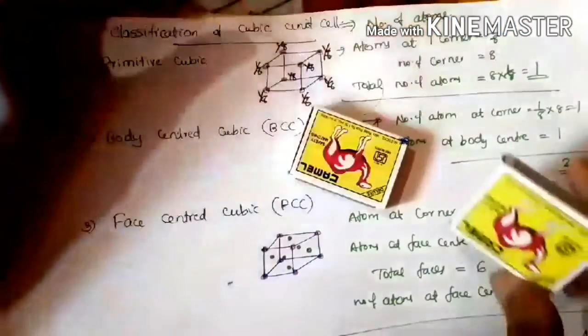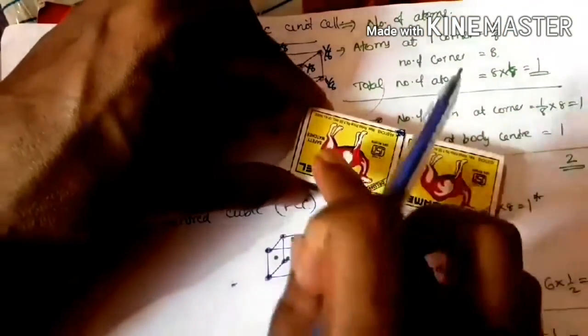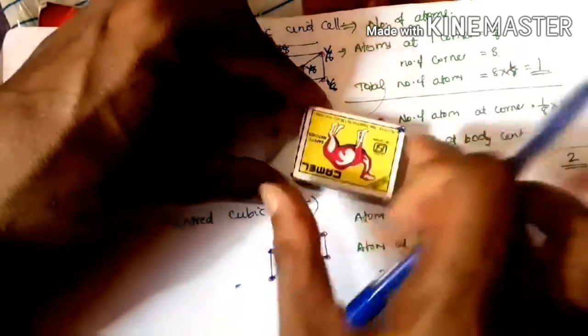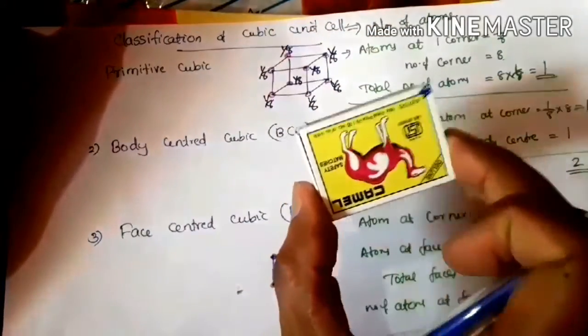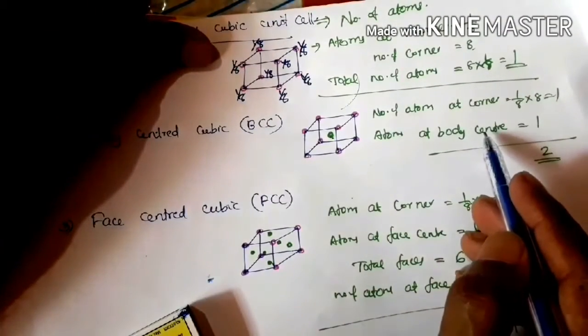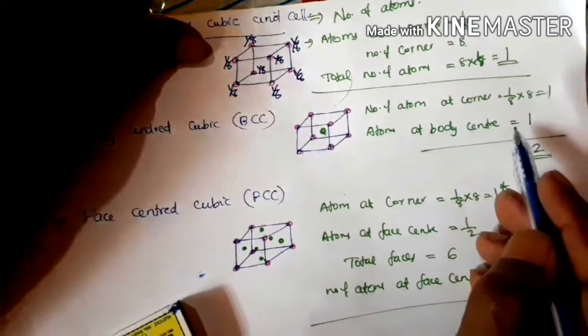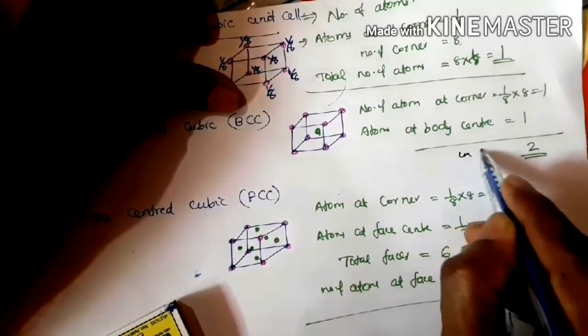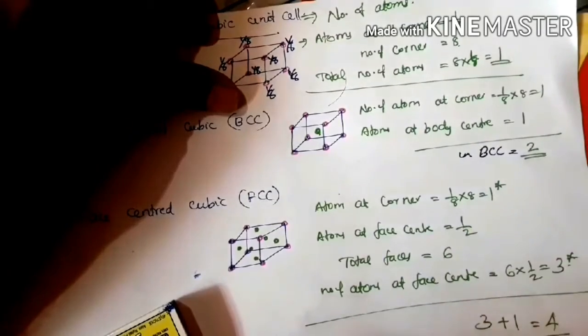The corner atoms are shared by other cubes, but the atom at the center is not shared by any other cube. Therefore, the atom at the body center is equal to 1. Therefore, the total number of atoms in a BCC is 2.